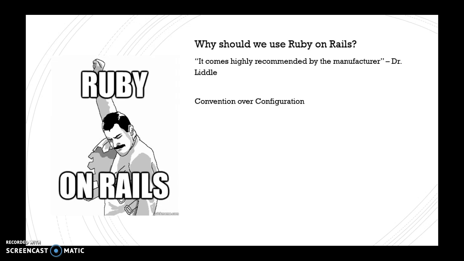So the idea is to allow for more time programming and less time editing configuration files. Some of those questions that are not so important but are important for the machine, Ruby on Rails takes care of. This makes it super easy for beginners by handling the many conventions required, and they can enjoy in ignorance. However, more advanced programmers can also go in and customize the configurations to their liking.